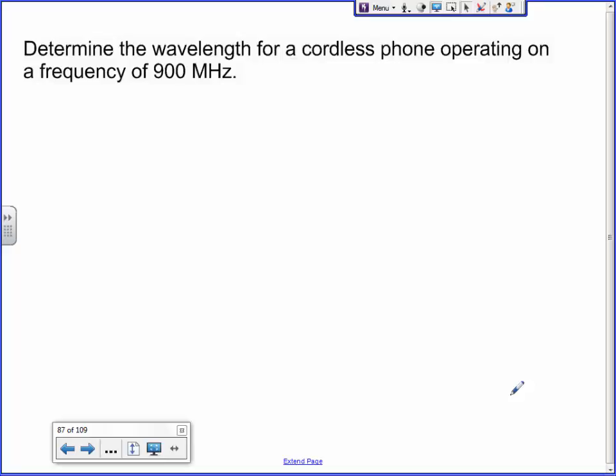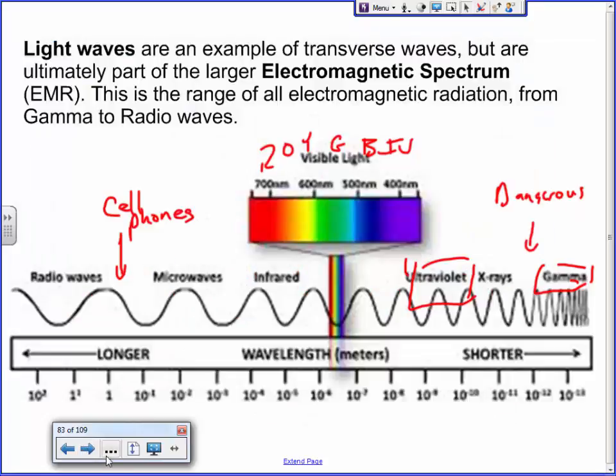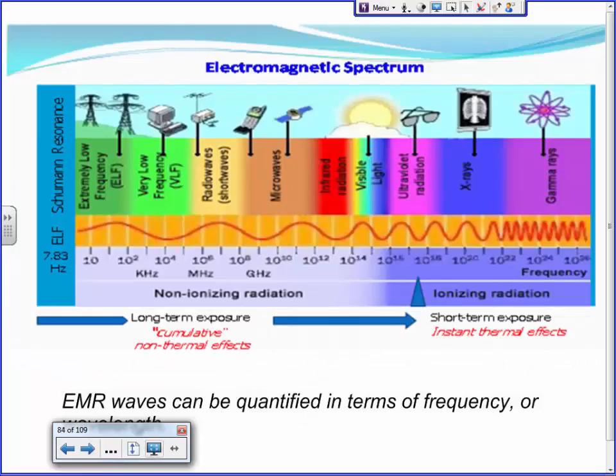You remember that slide I had way back where you have all your different types of waves, your microwaves, your radio waves, your visible light, your gamma rays. All of these travel at a velocity of 3 times 10 to the 8 meters per second. Does that make sense? So it doesn't even have to be light. It can be your cell phone signal. That's traveling the speed of light as well.